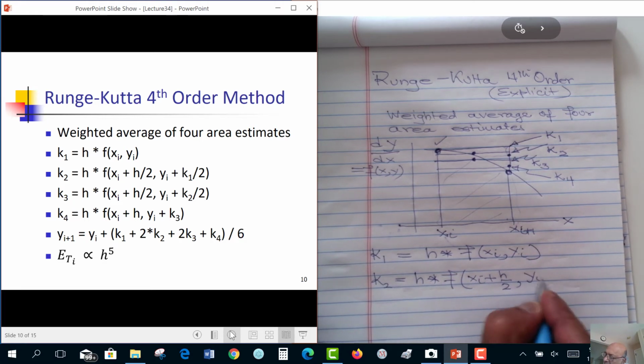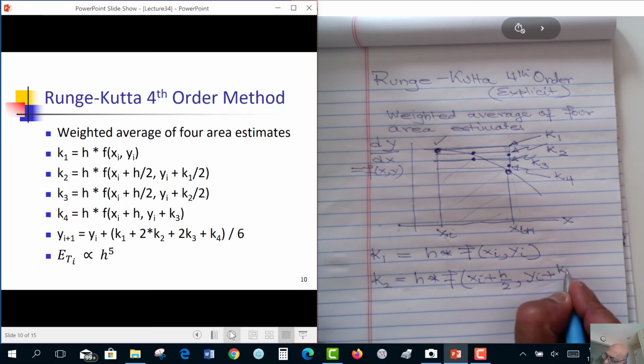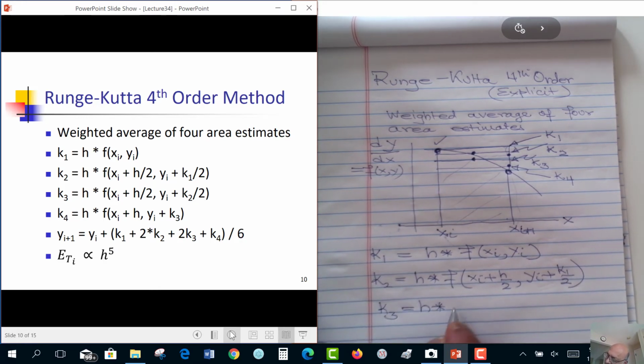Instead, we are going to use yi plus k1 over 2. Okay, k3 is h times function, again in the middle. Ordinarily, we would have added k2 to yi, but we want yi in the middle, so we are just going to add k2 over 2.